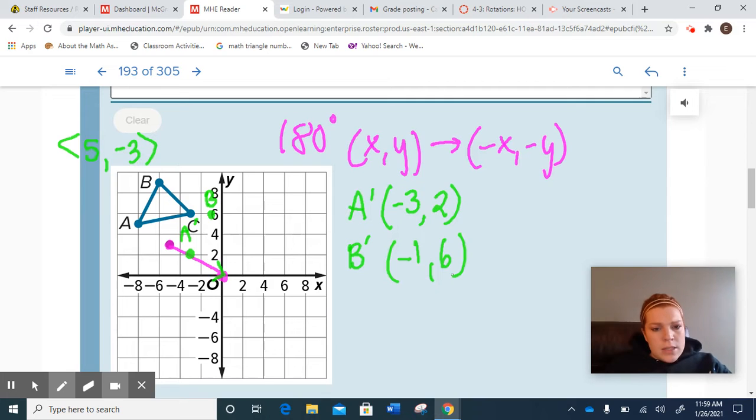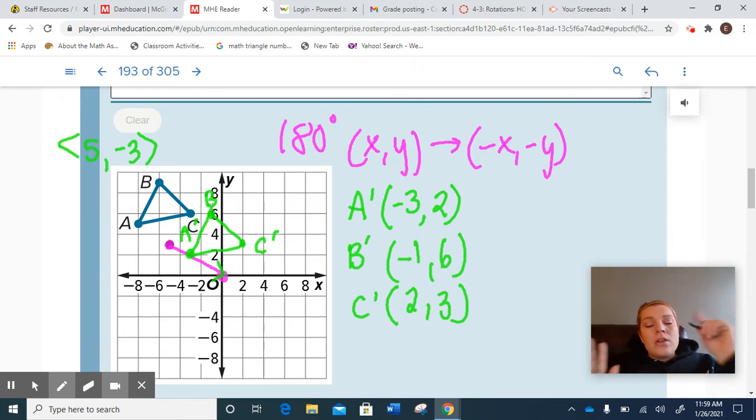And then we'll end with C. Same thing. 3 down, 5 across. I think that looks right. Okay. That is 2, 3. Okay, we have our new points, and now this should be a translation, so it should look like it just slid across, and it does.